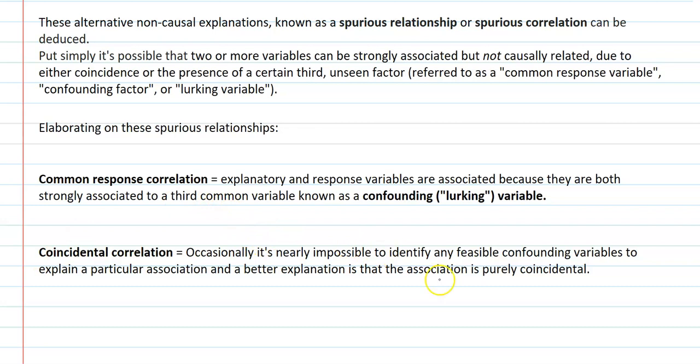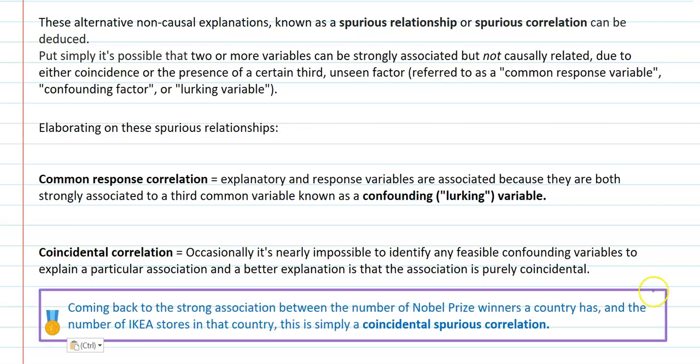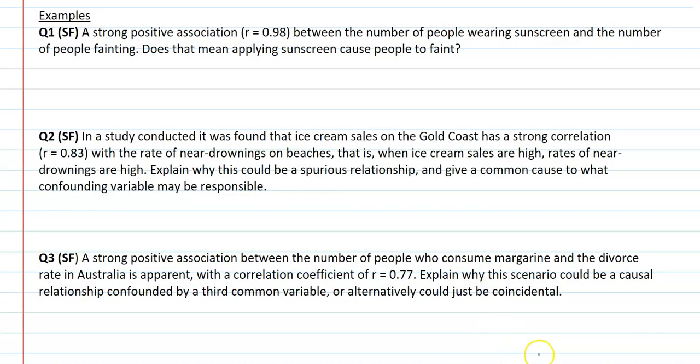Occasionally it's nearly impossible to identify any feasible confounding variables to explain a particular association, and a better explanation is that it's purely coincidental association between your variables. So if we come back to that strong association we observed between the number of Nobel Prize winners a country has and the number of IKEA stores in that country, hopefully you can see that this is simply a coincidental spurious correlation. Let's have a go at doing some examples.